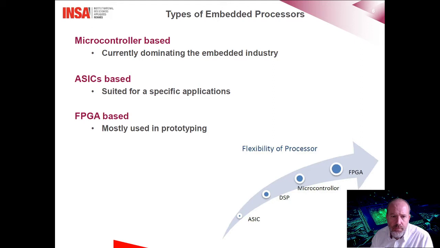These are reconfigurable circuits, which were previously used for prototyping, but have become more and more used in commercial circuits due to their high level of performance and flexibility. If we are interested in the flexibility of this type of processor, the figure below shows that the ASICs are the circuits which have the least flexibility, but which have the most performance.